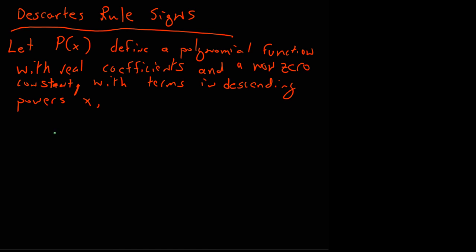So I'm just going to write a 4th degree polynomial: 4x to the 4th plus 3x cubed plus 2x squared plus x. But we have 0 here, right? And we don't write our zeros. So I'm going to get my black pen. We don't write our zeros, so we'll make it go away.